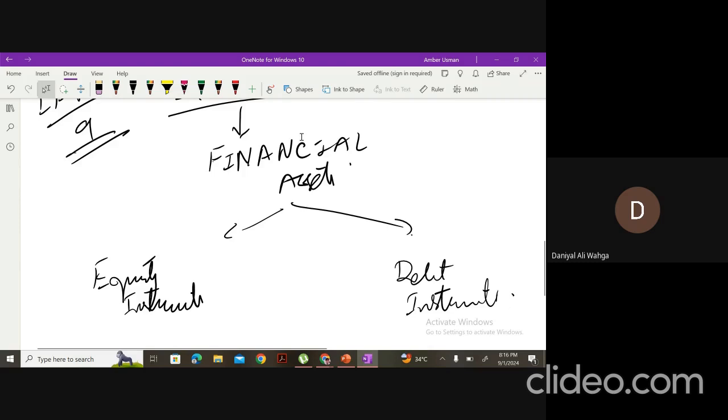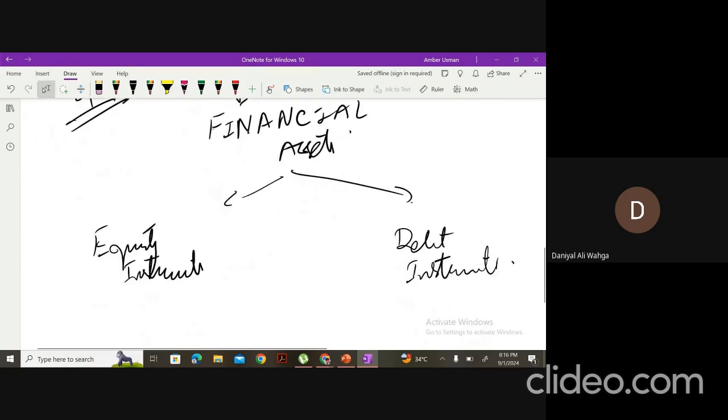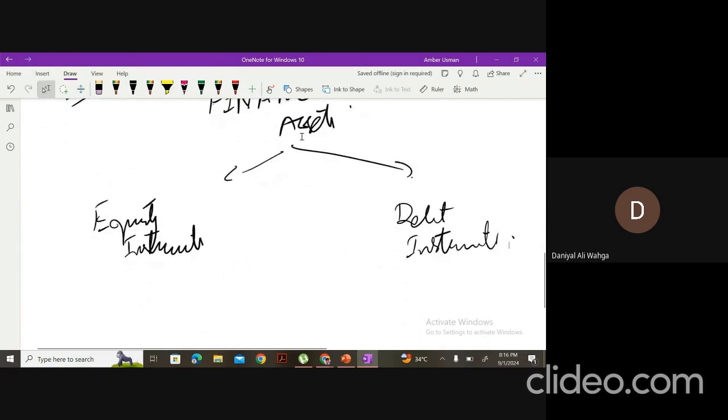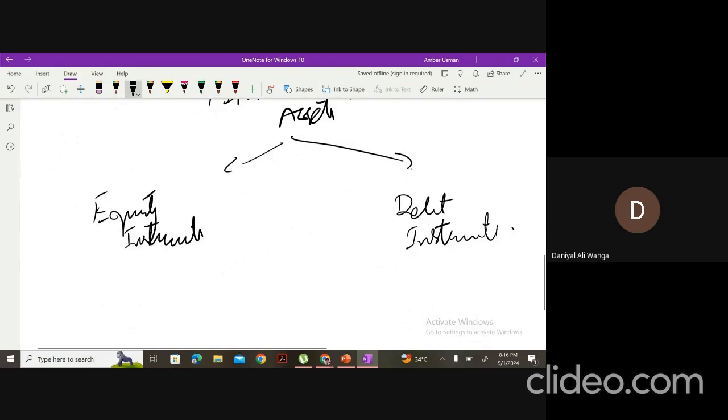Another thing which we need to consider, which I had already discussed in the previous lecture, is what an equity instrument is, in case anyone does not know.